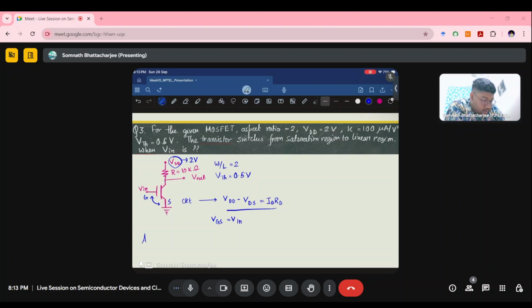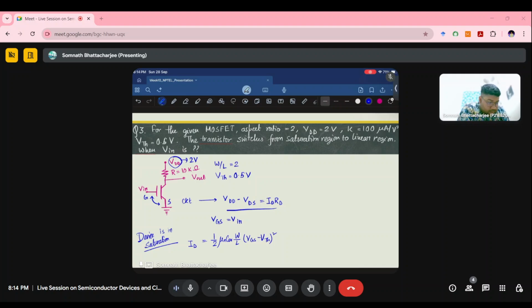And as the device is in saturation, the value of ID is half of mu n Cox W by L, VGS minus VTH whole square. Now you can directly put the values and get the equation.